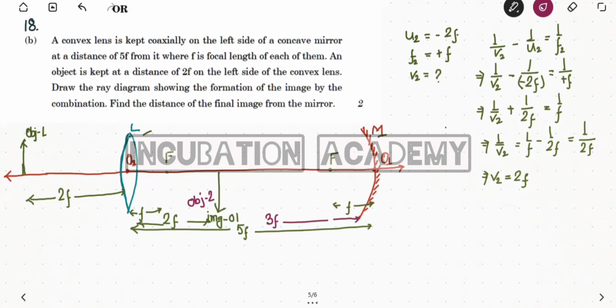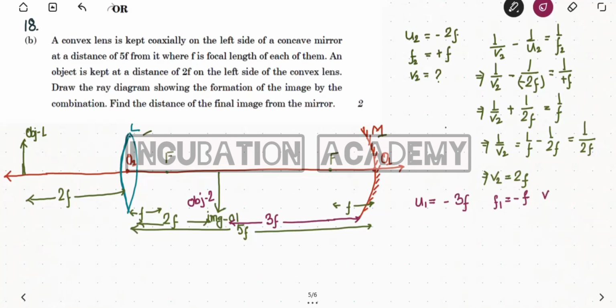The image, which is treated as an object, is at a distance 3f from the concave mirror. So u1, the object distance for the mirror, is minus 3f, since it is on the left side of the mirror. And the focal length is obviously minus f.